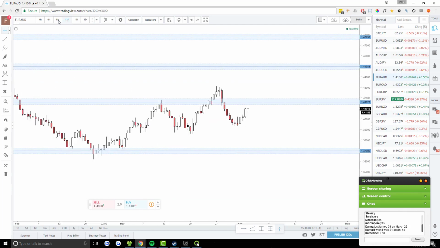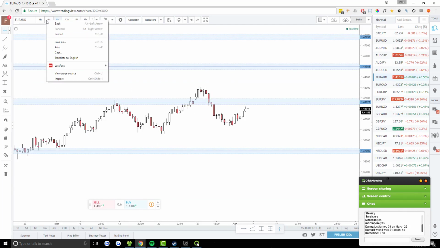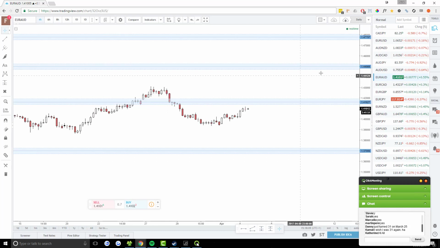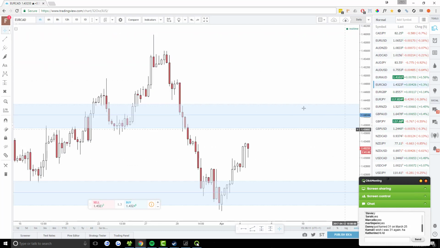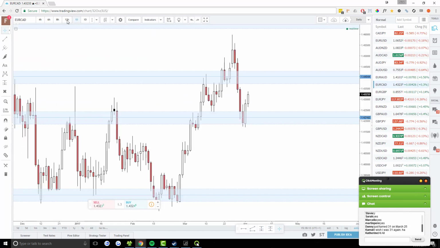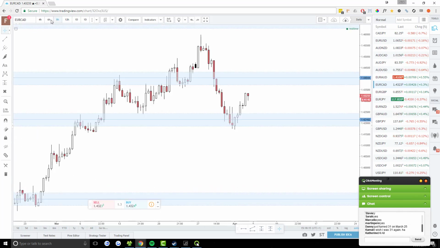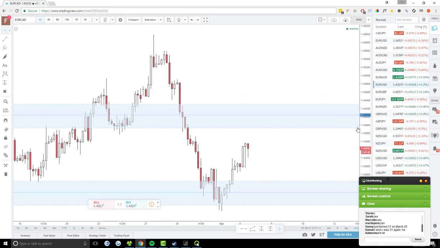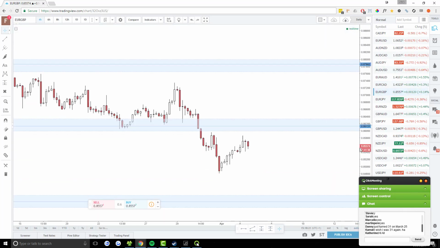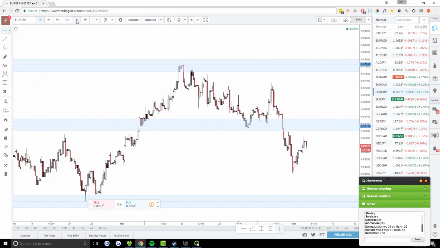All right, Euro AUD. Nothing really happening there. Euro CAD pushing up, but there's nothing that exciting there. Just keep an eye on the 1.4400 resistance area. Euro GBP, again, nothing too exciting.